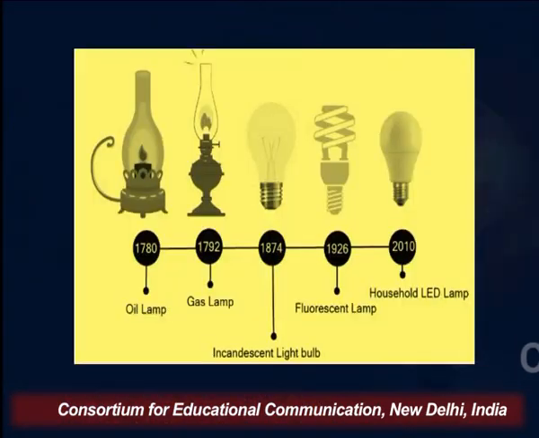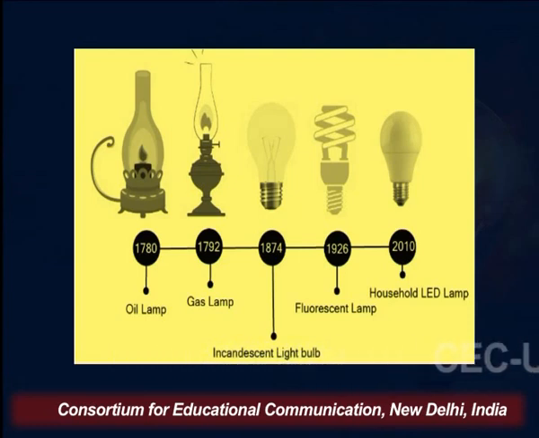You see on the screen that we started from the oil lamp, and nowadays we are using the LED lamp. How has the transition been made from the oil lamp to the LED lamp? In the previous years the oil lamp was used and it converted into the gas lamp. After that the incandescent light bulb was discovered.